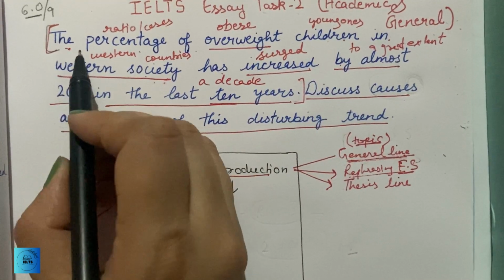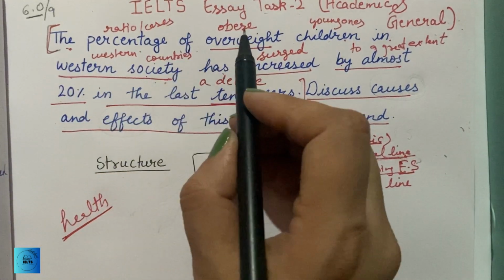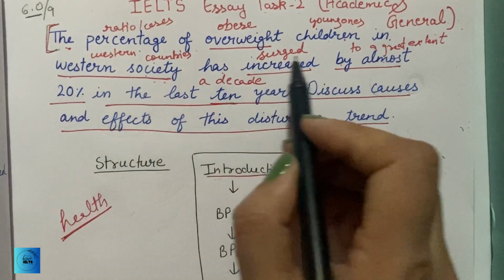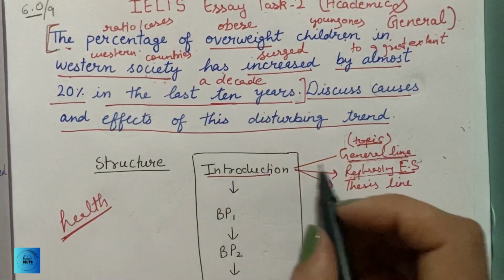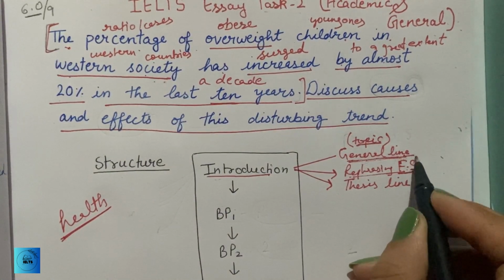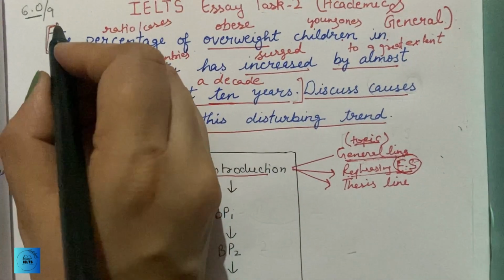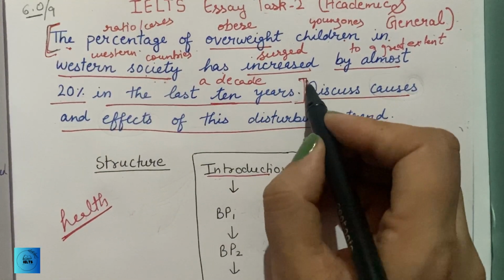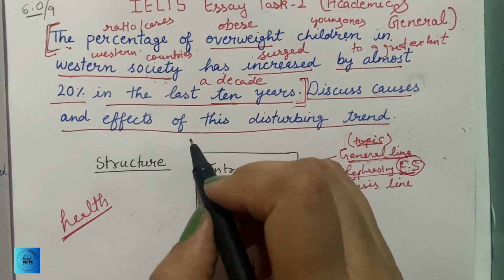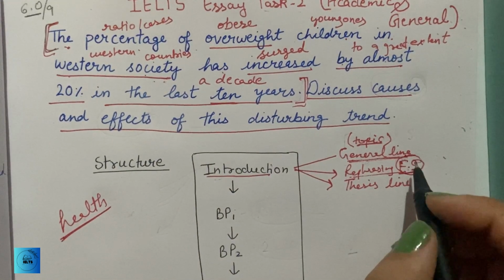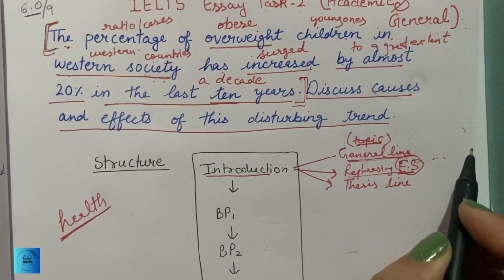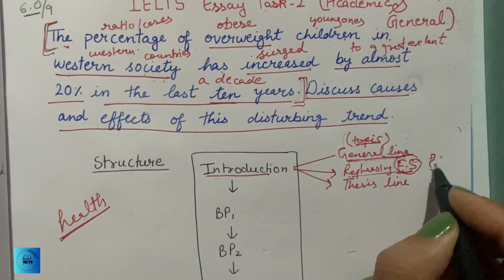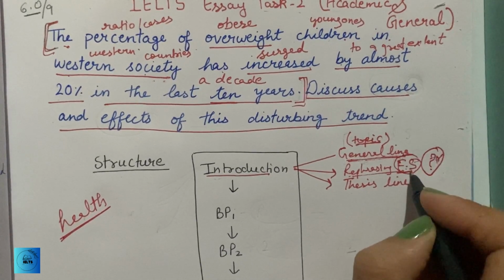So with these synonyms, I can do the rephrasing of my factual statement, which is from the percentage till years. What is the meaning of factual statement? It is a statement written on any topic where there is no question, so that is a factual statement.